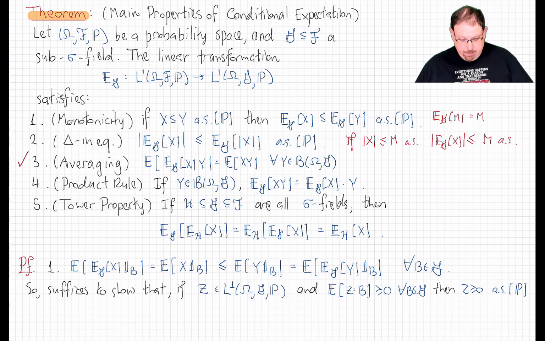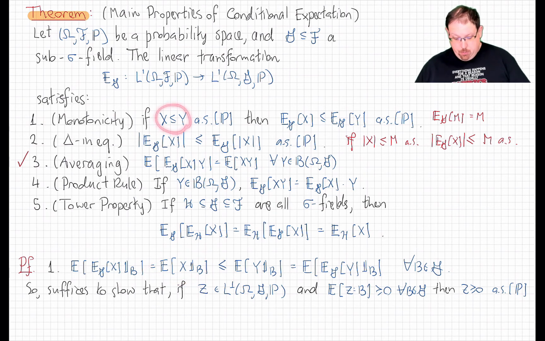For item 1, let's start by localizing with respect to an element of G. That is to say, let's take the conditional expectation of X given G and integrate it over a set B in G. Well, using property 3 that we already proved on the previous slide, since the indicator of B is a bounded G-measurable function, this is just the expected value of X times the indicator of B.